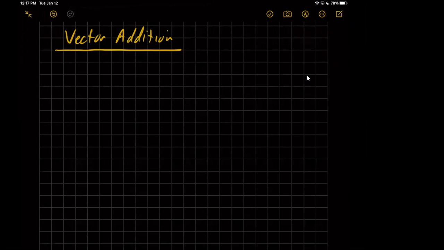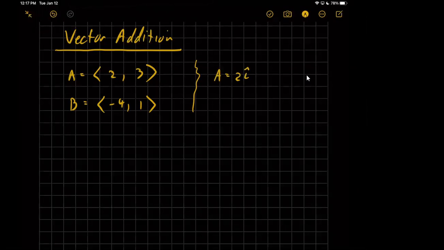This is very easy if, let's say, we have vector A is 2, 3, and vector B in component form is -4, 1. Now we could correspondingly do this as unit vectors. We could say A is equal to 2i plus 3j, and B is equal to -4i plus j.